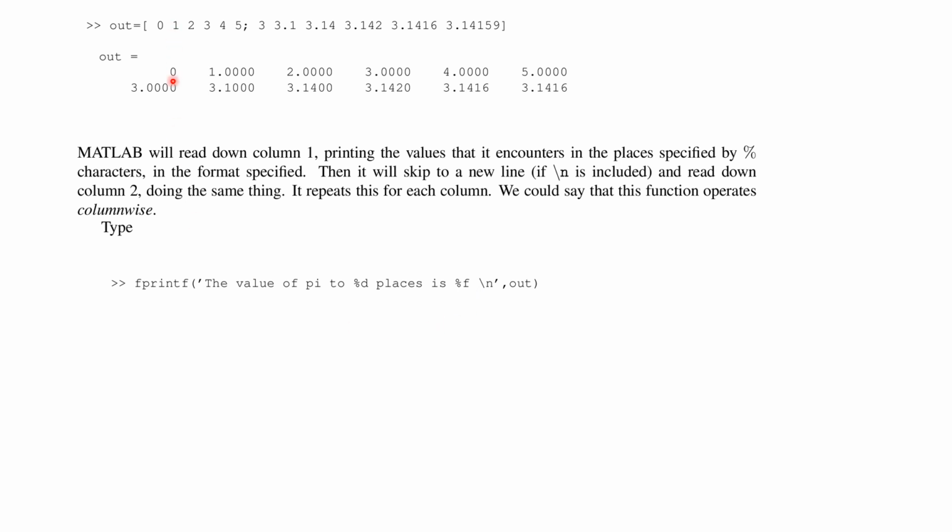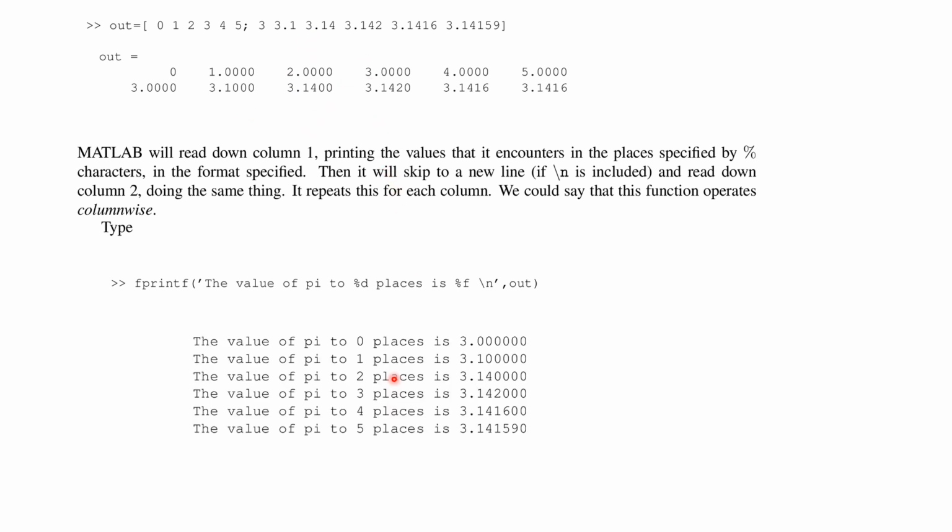So it's worked down this column, printing down there. Then it'll go to the next column, and the value of pi to 1 place is this, 3.1, new line. And so it'll work its way down the columns of this printout matrix. That is what will occur in the screen when you invoke this command. Do this in the screen yourself.